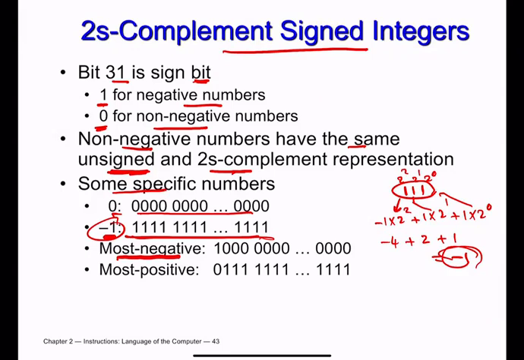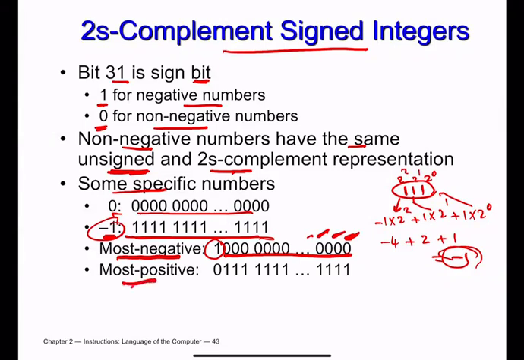The most negative number has zeros for all the positions that represent positive values, and this will be the only one that is negative. So it is 1 multiplied by 2 to the power of 31 negatively, without adding any positive values. This will give you the most negative number.